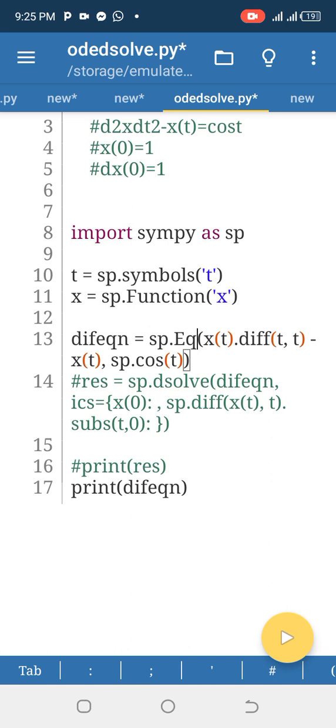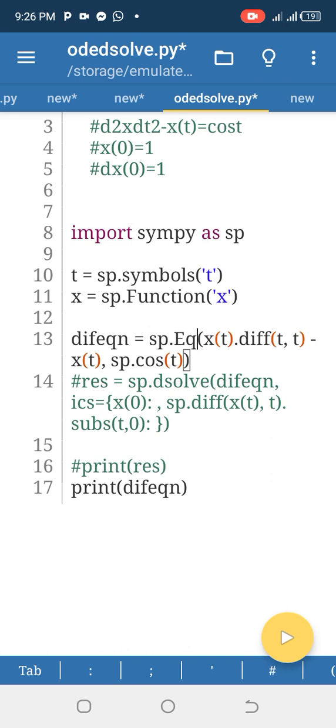In other words, here we mean this is a function x, which is a function of t, but the first part is telling us this is a second derivative, so we have to say it is diff tt to show that it is a second derivative. Then minus x of t. We have to remember to put this bracket, then t, because we are telling the program that x is a function of t.